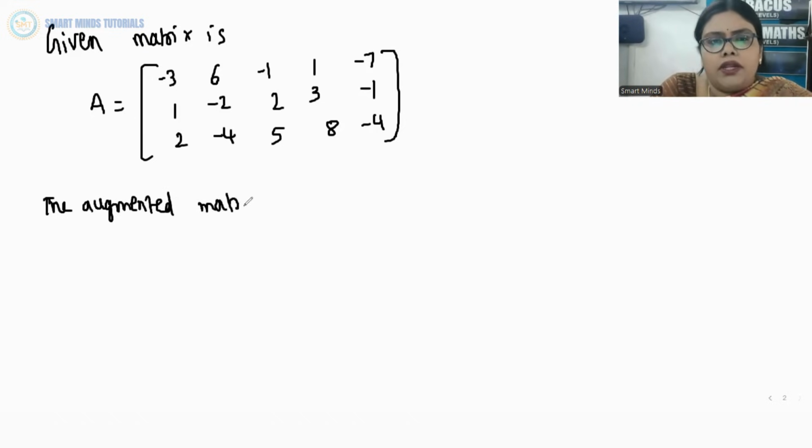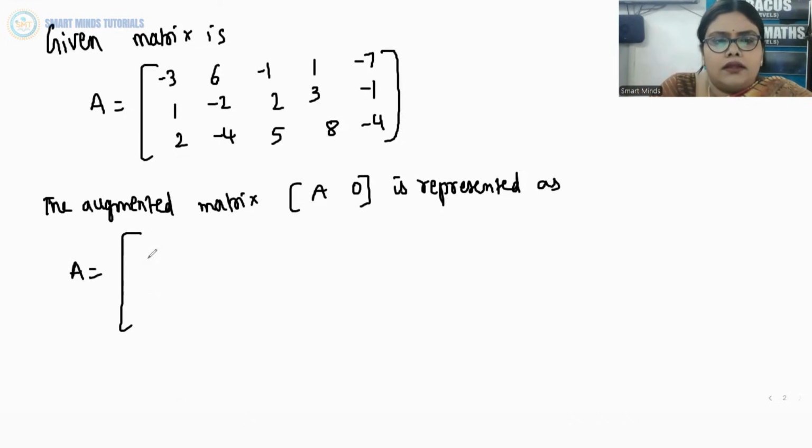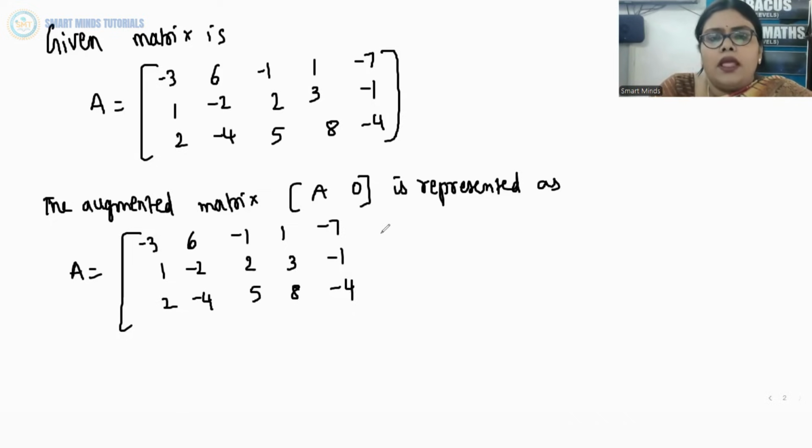What is the augmented matrix? [A | 0] is represented as, we need to copy this A matrix, -3, 6, -1, 1, -7, 1, -2, 2, 3, -1, 2, -4, 5, 8, -4. And one more column we need to add, which contains all zeros.